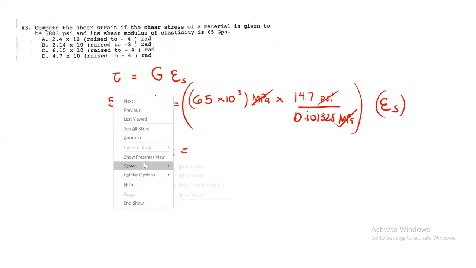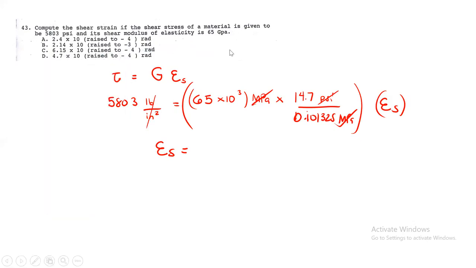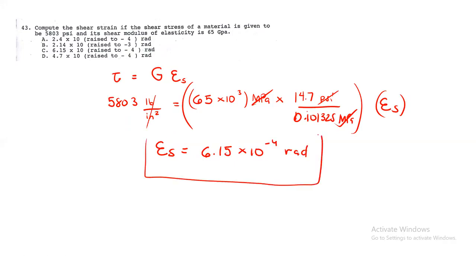Let's calculate: 5803 is equal to 65 times 10 raised to 3 times 14.7 over 0.101325 times x. Shift solve, we get 6.15 times 10 raised to negative 4 radians. So, the answer is letter C.